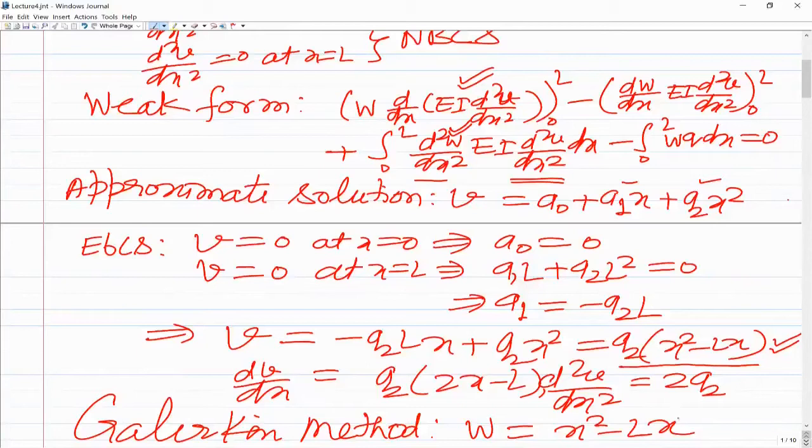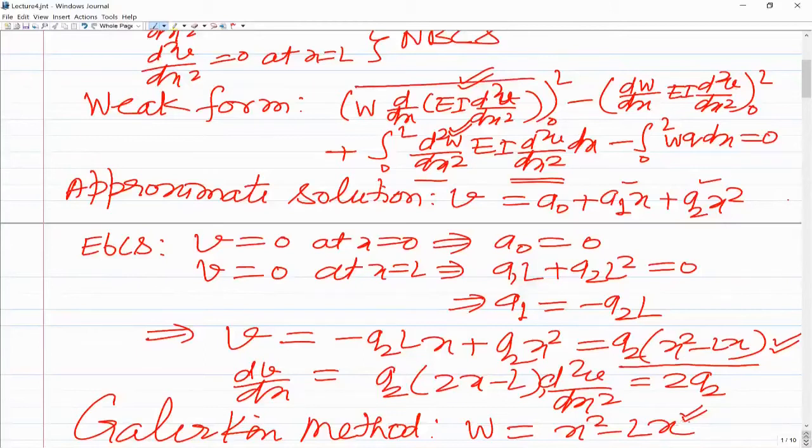So if I put x equal to 0 in this expression for w, sometimes depending on the problem this could be non-zero also, so you have to keep that in mind. But the way I'm evaluating, that is what is more important. Now if we put x equal to 0 in this w, it is actually 0. So this whole term at x equal to 0 will be 0.